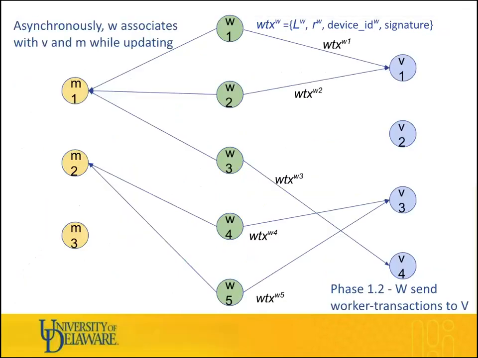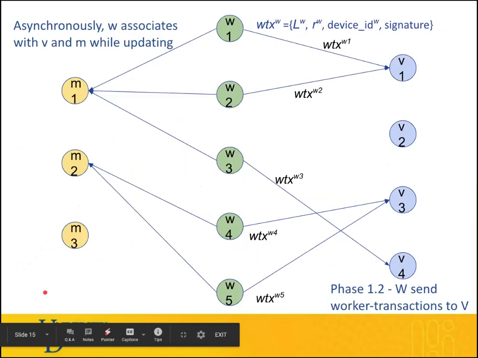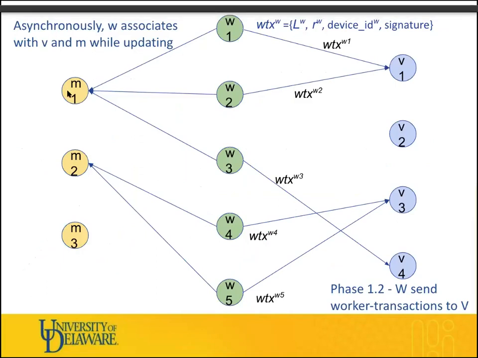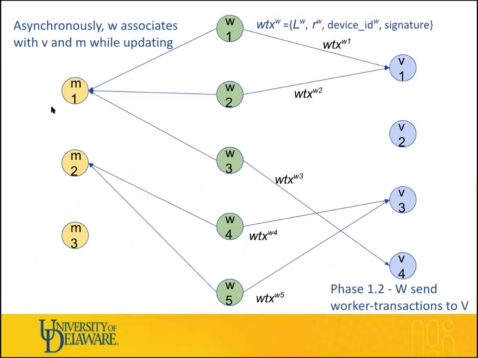Just to be sure that I understood the model. Here we have 12 users in each round. Each of them randomly has a responsibility, a worker, a miner, or validator, right? Yes. Here, for example, this is just a snapshot of one round.